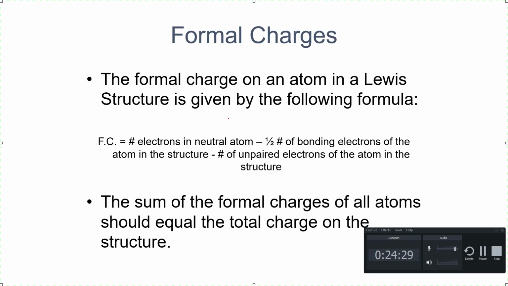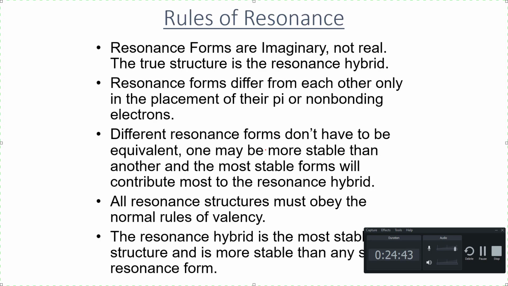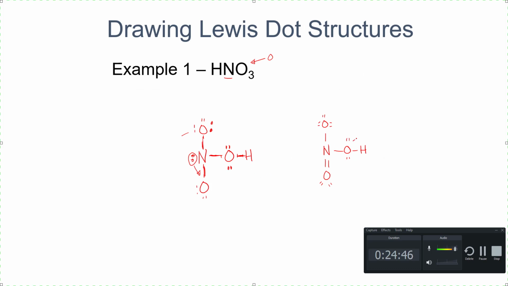So let's go back. How would we calculate formal charges? Well, there's a formula. The formal charge is the number of electrons in the neutral atom minus 1/2 the number of bonding electrons minus the number of unpaired electrons. So let's do that for this oxygen over here. Oxygen came with 6 valence electrons in a neutral oxygen atom, and right now it is sharing 4, and it owns these 4 outright.